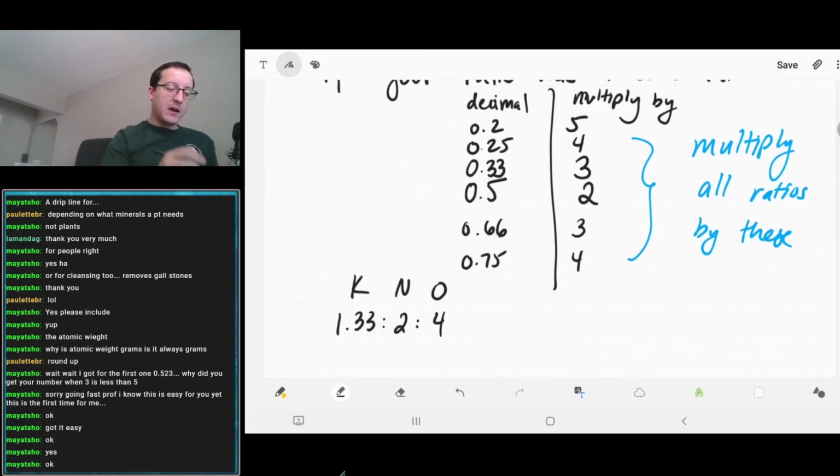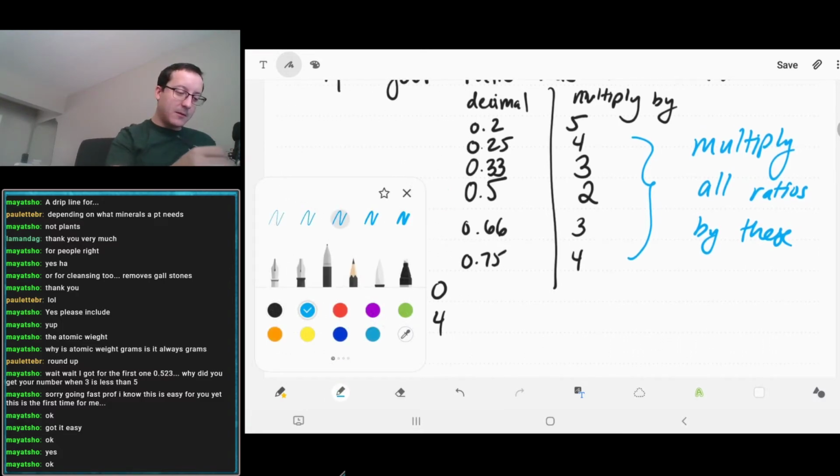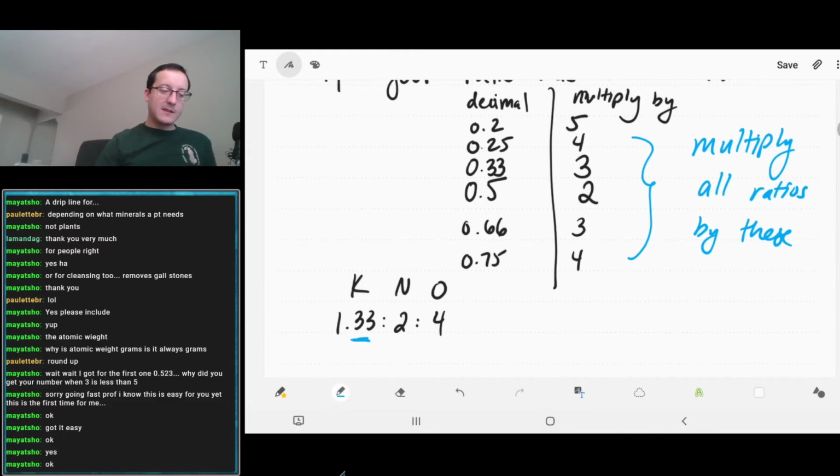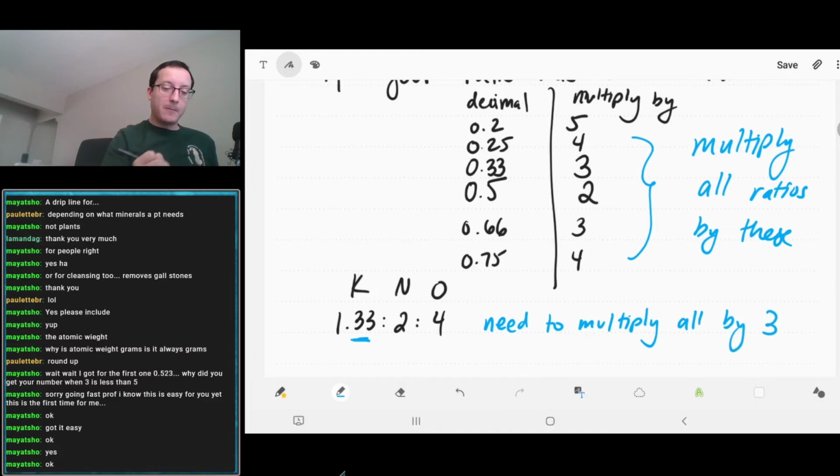If we see that we have a 0.33 in it, like this decimal, we're going to need to multiply all of these by 3, right?